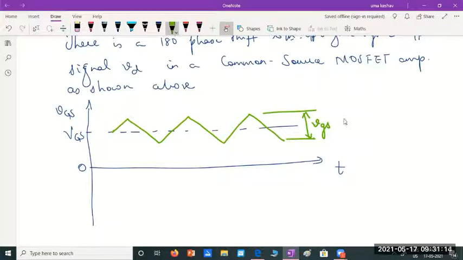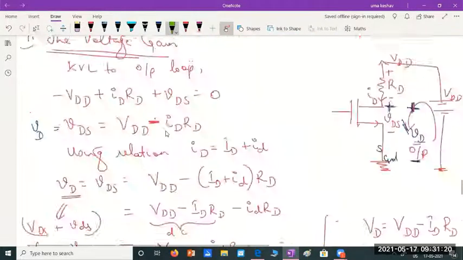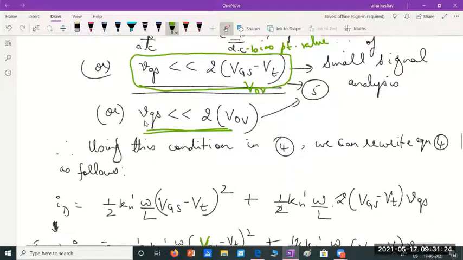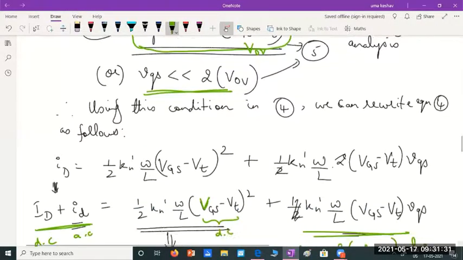And what should be the relationship between small vgs and capital VGS? We already considered this when we derived. We showed that small vgs should be much less than twice capital VGS minus VT.